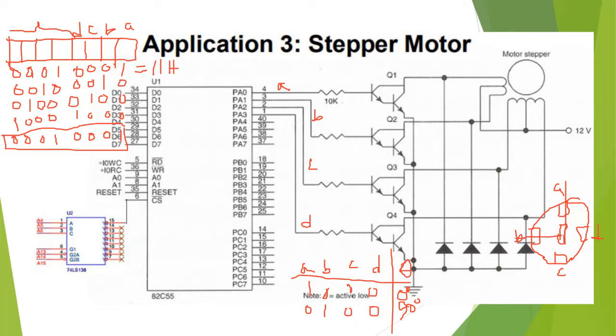And then C is on, another 90 degree, and then D is on, another 90 degree, then A again, it will jump another 90 degree. So it is like that, 0, 0, 1, 0, it will be 180 degree.